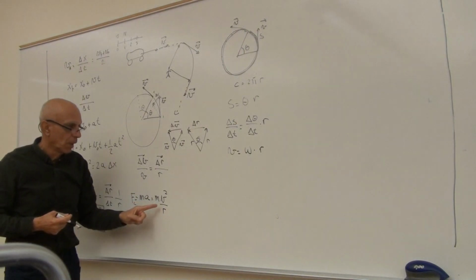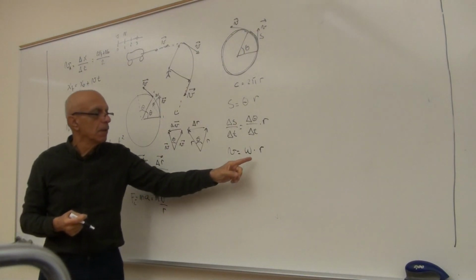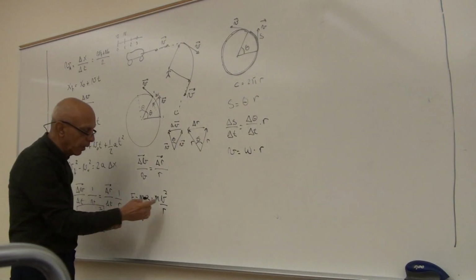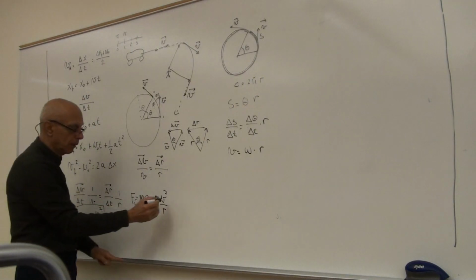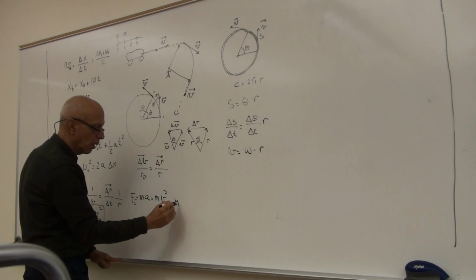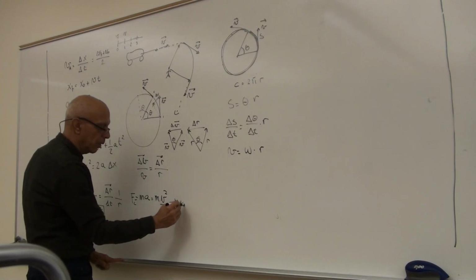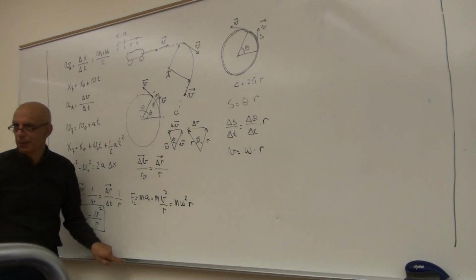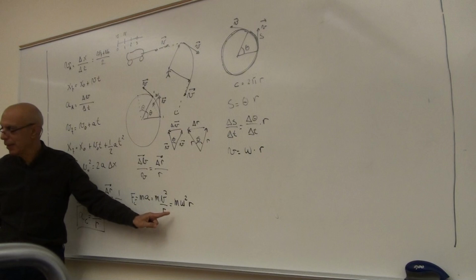So, you can see that if I plug that in here, the square, it's going to be m omega squared r. Do you guys see that now?